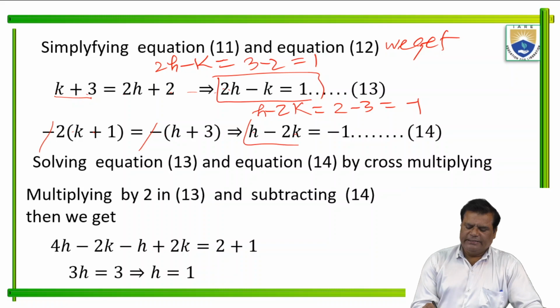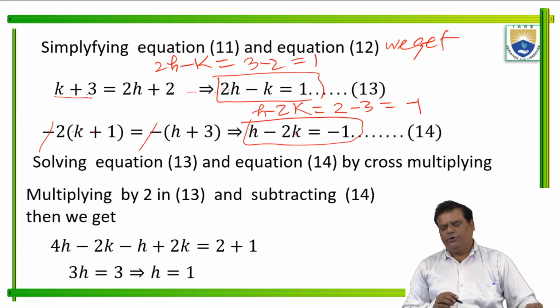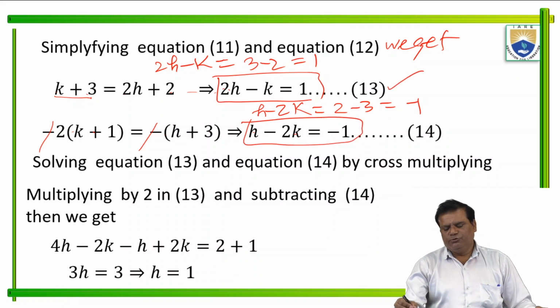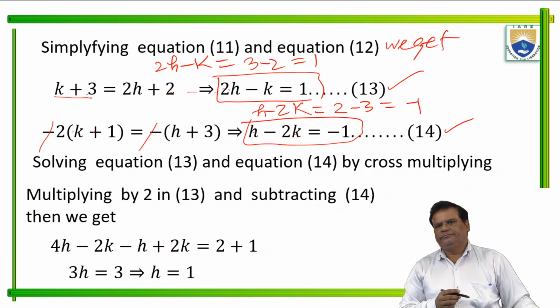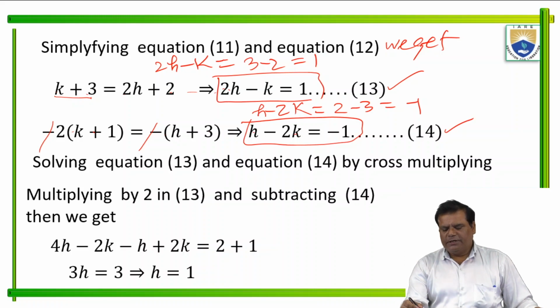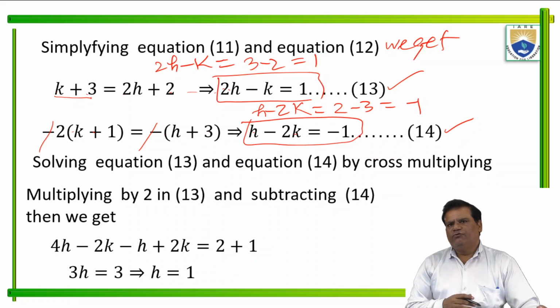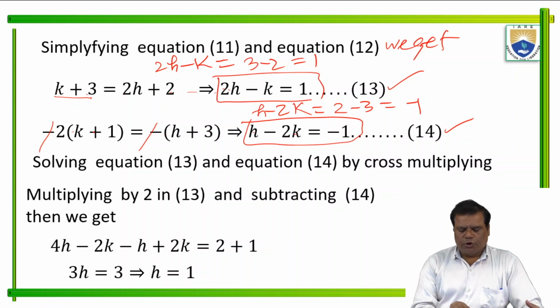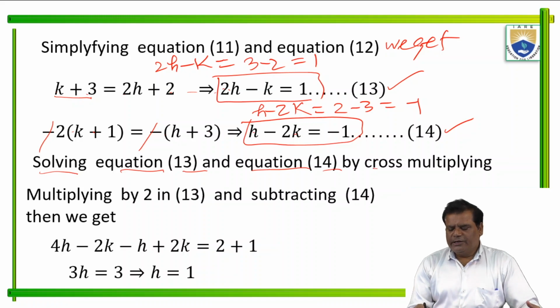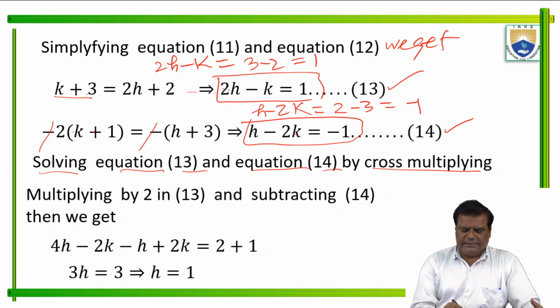So we get h minus 2k equal to minus 1. So we get equations 13 and 14. With the help of 13 and 14, we find out the value of h and k, solving equations 13 and 14 by cross multiplication or the elimination method.